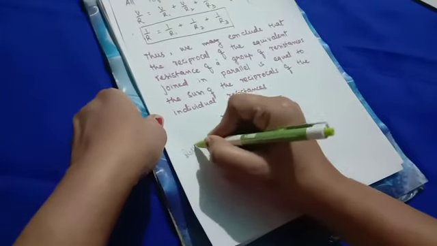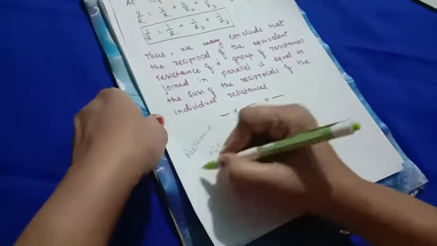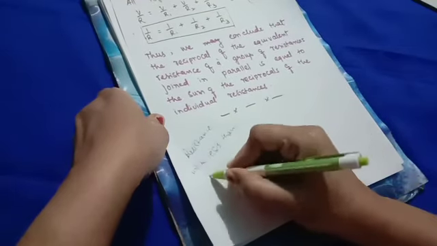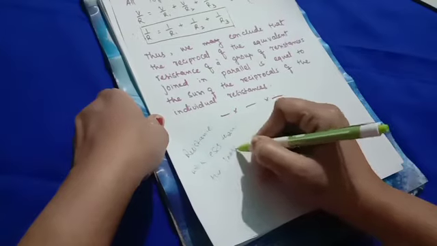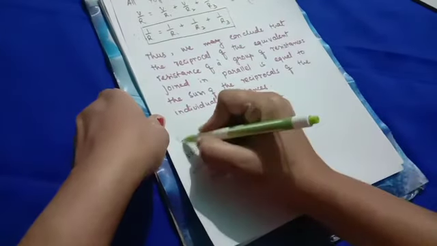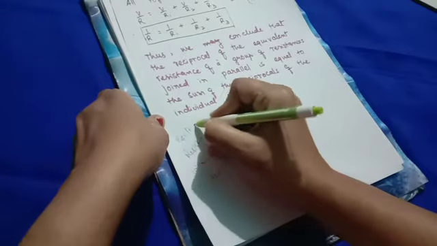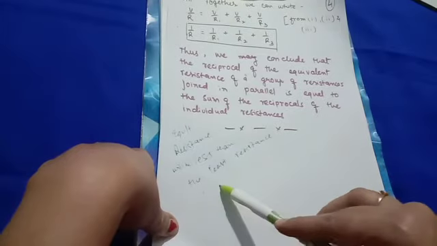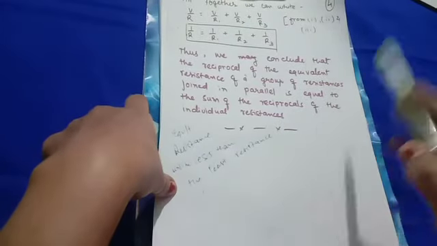Resistance will be less than the least resistance. Okay, which resistance? Equivalent resistance. Equivalent resistance will be less than the least resistance. Least मतलब अगर सबसे छोटा है उससे भी छोटा होगा.